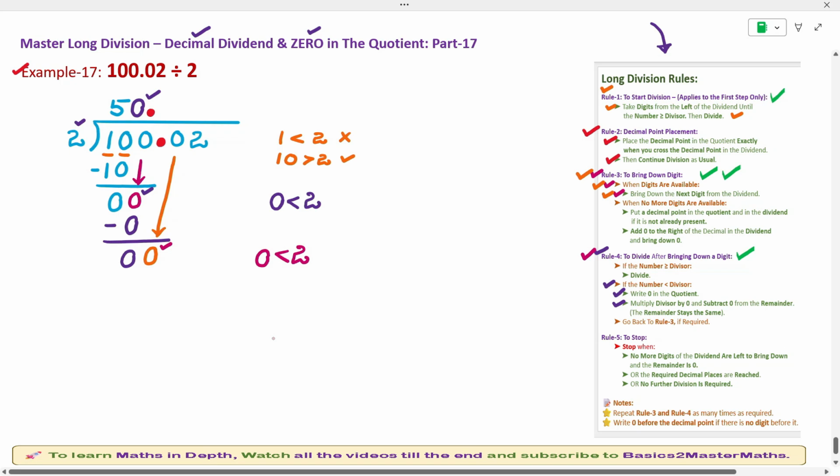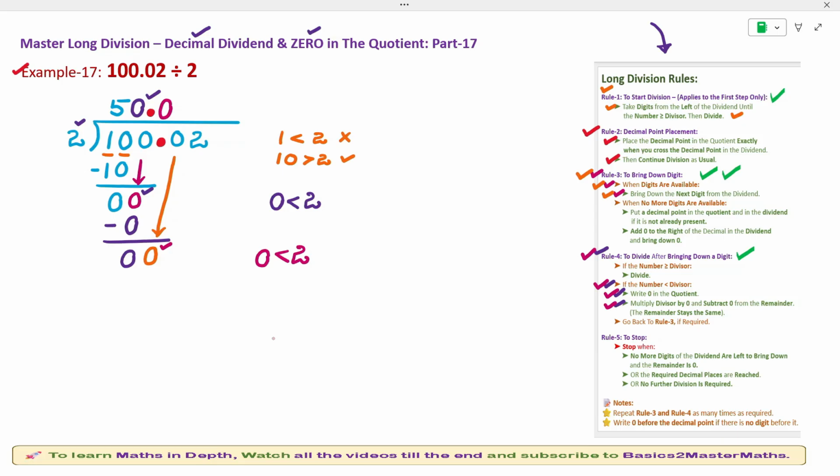So, as per rule 4, if the number is less than the divisor, write 0 in the quotient, then multiply divisor by 0 and subtract 0 from the remainder. 2 zeros are 0.